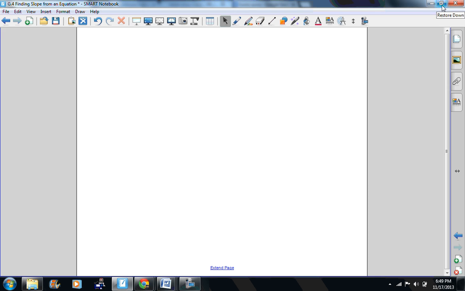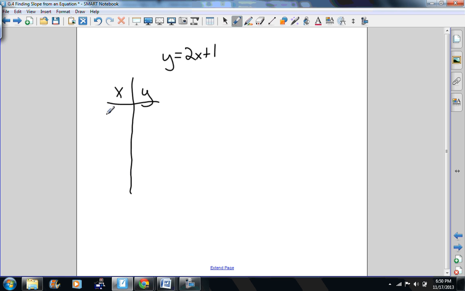Now, one other thing I want to show you before I end this very short video is if we're given an equation like we had before, y equals 2x plus 1, there's another way that you can actually find the slope. And what you do there is you go back to our trusty table that we had worked with earlier. And we always do our -2, -1, 0, 1, and 2.